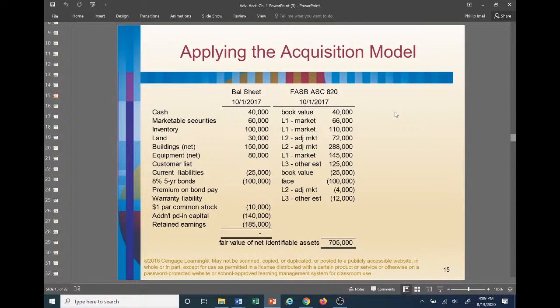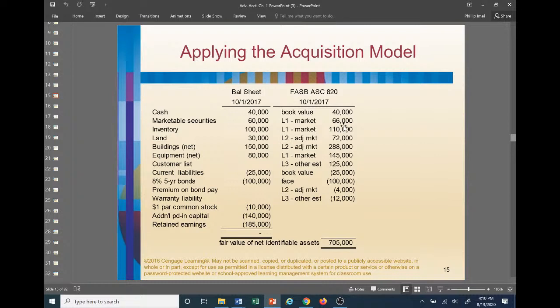Level 1 is, like it says here, marketable securities traded in an actively traded market. All you have to do is see what they're trading at in the active market. So that's why this says L1 market 66,000, because this is what these marketable securities are actually trading for.